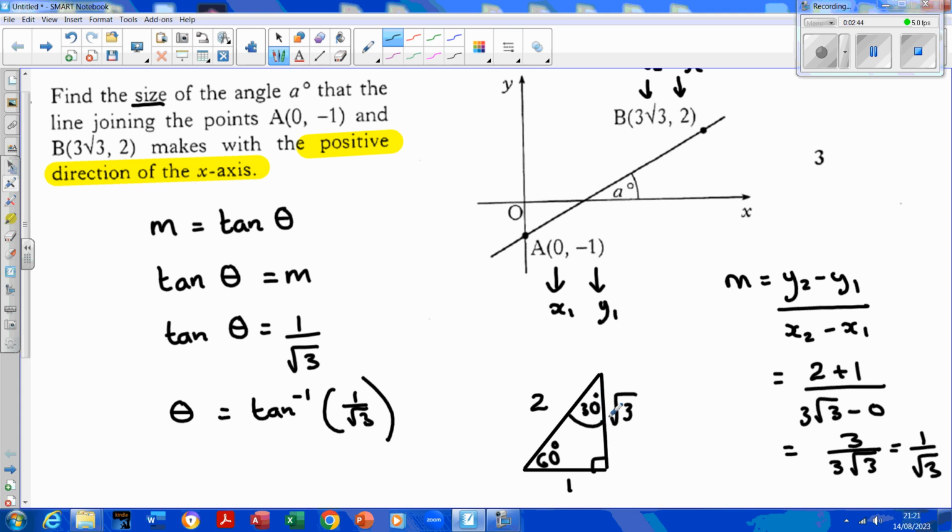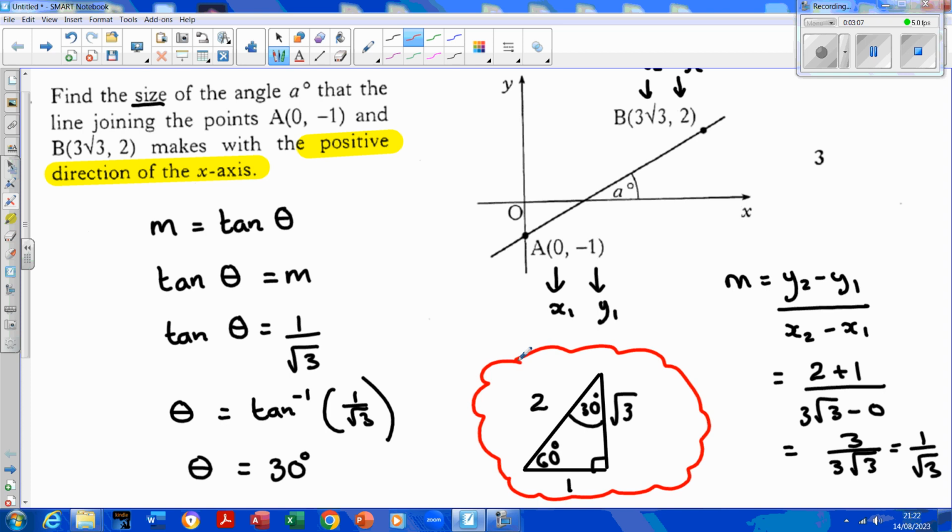Now tan is opposite over adjacent, so there's opposite, there's adjacent, so the angle has got to be 30 degrees. So theta is equal to 30 degrees. So that's bringing in your tan theta, but it's also bringing in your exact values. So that's why it's important that you get these wee triangles clear in your head and you learn them.